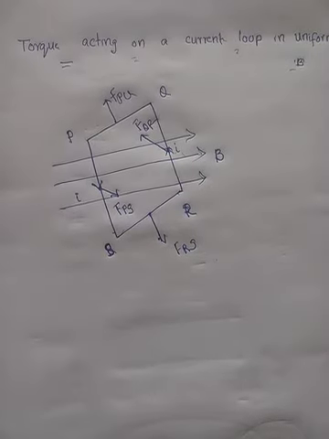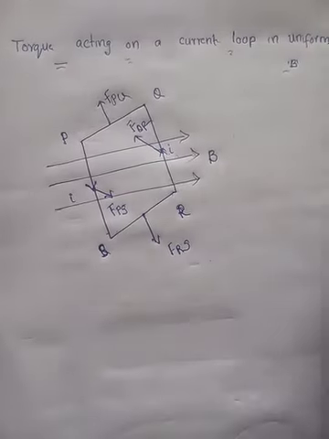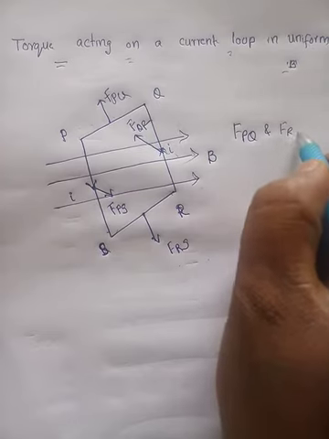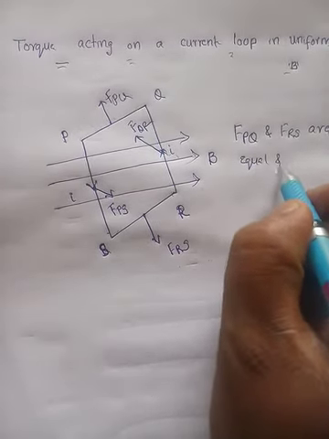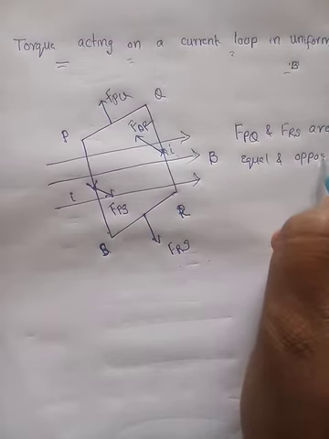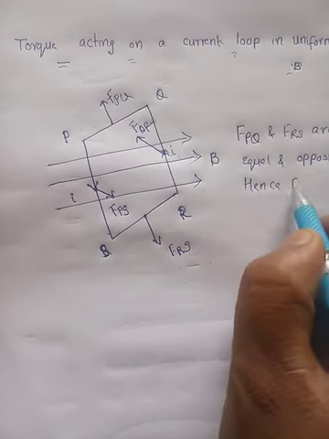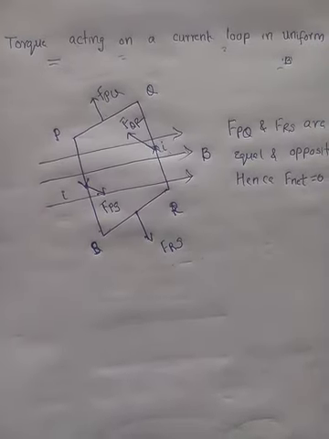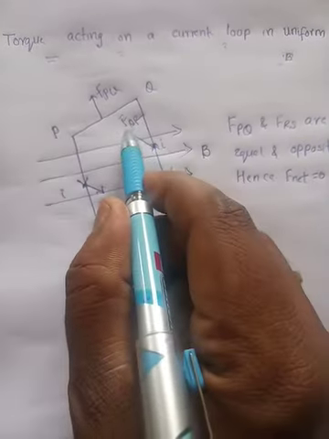Now have you observed that this FPQ and FRS are equal and opposite, hence the net force because of these two is 0. Here this is acting in this direction and this is acting in the upward direction.